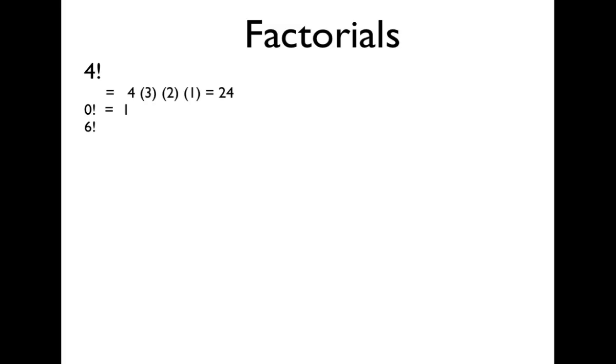No, you don't need a calculator. We already know 4 times 3 times 2 times 1 is 24, so just multiply that. Okay, Miranda, how'd you do? 6 factorial. So what does it mean? And did you find the value? Yes, it's 720.